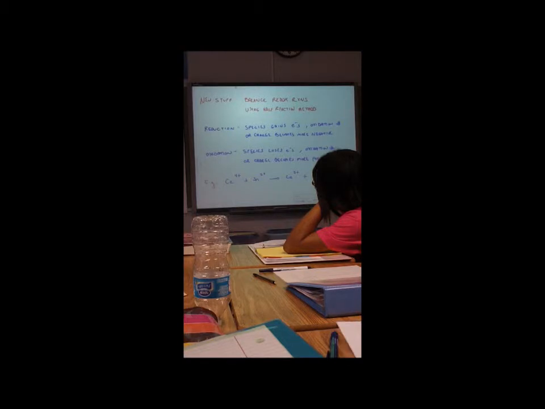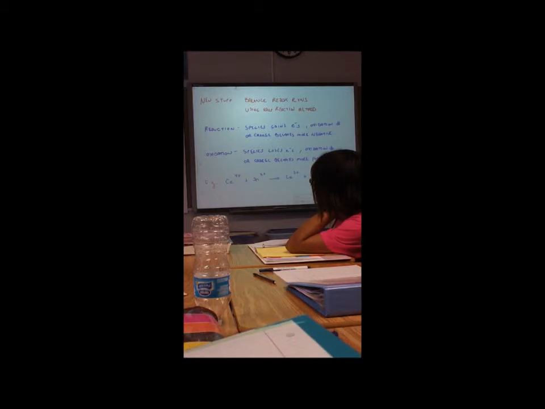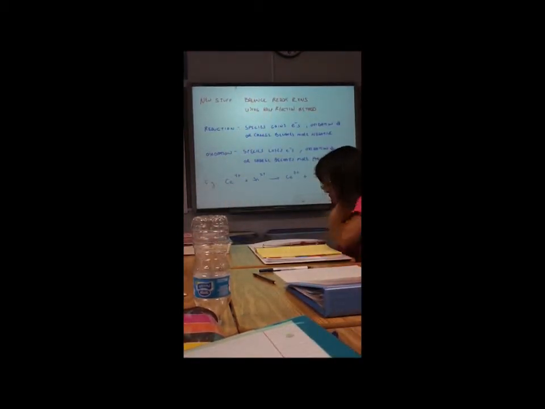But the term reduction refers to any species in a system whose oxidation number or charge lessens. And it lessens because it becomes more negative by gaining electrons. The only way oxidation numbers or charges can change is through the loss or gain of electrons.